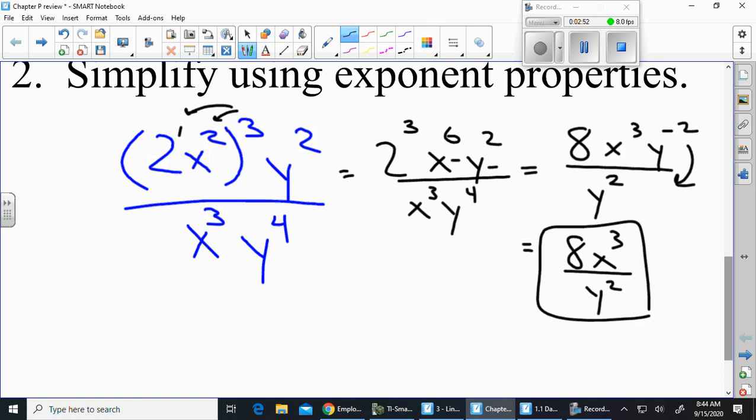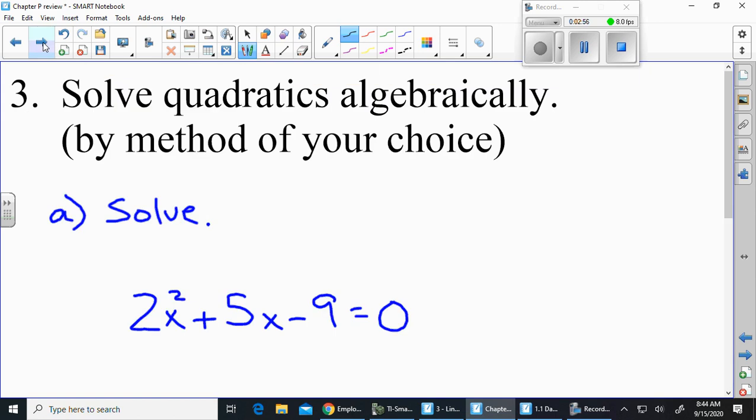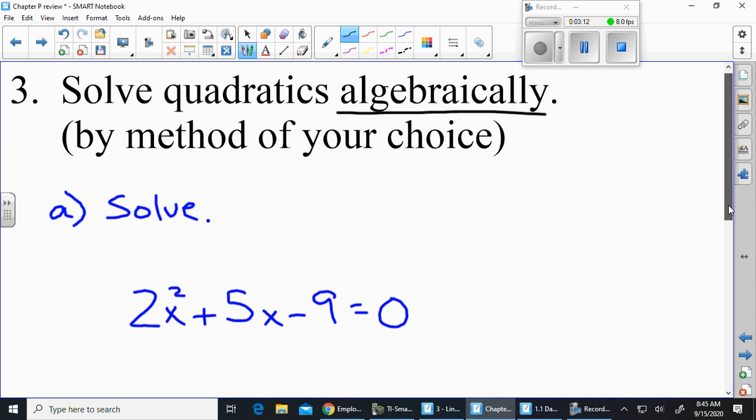So we should know exponent properties. Third thing, solve quadratics algebraically. So if it says algebraically, I better see your work. How you choose to do this: quadratic formula, factoring, square roots if you can, complete the square.